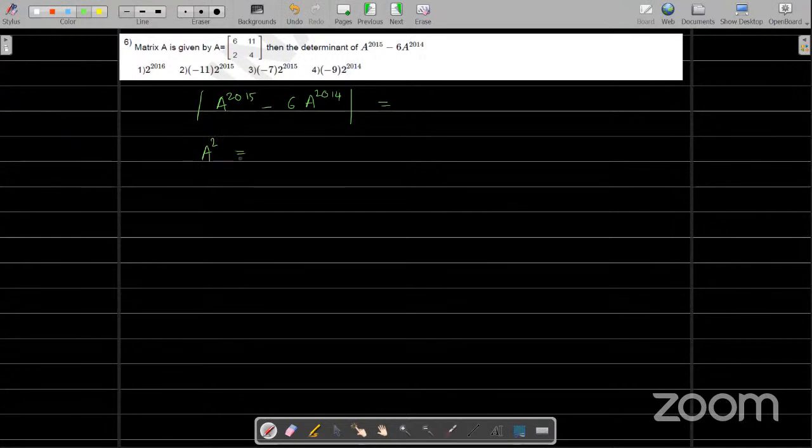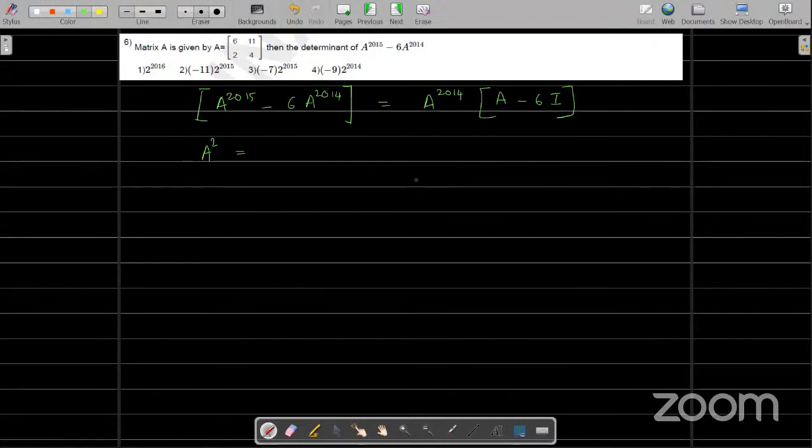So let's look at A square first and see whether we can see some kind of a pattern. Okay. And another thing also remember, before taking the determinant, maybe if you keep it as a matrix, because it's the same matrix multiplied again and again, I can write this as A to the power of 2014 as a common factor. So that means A minus 6I.